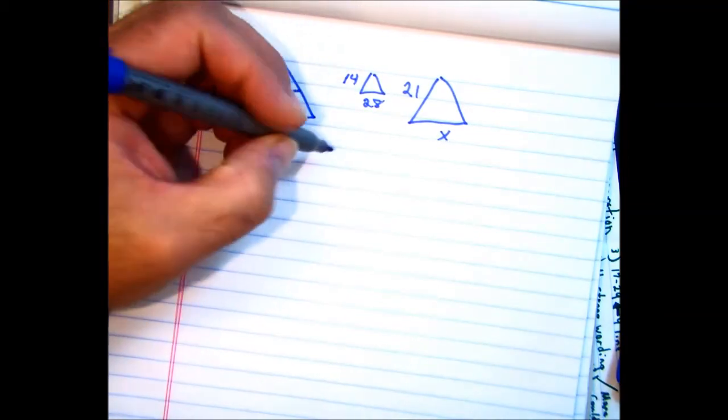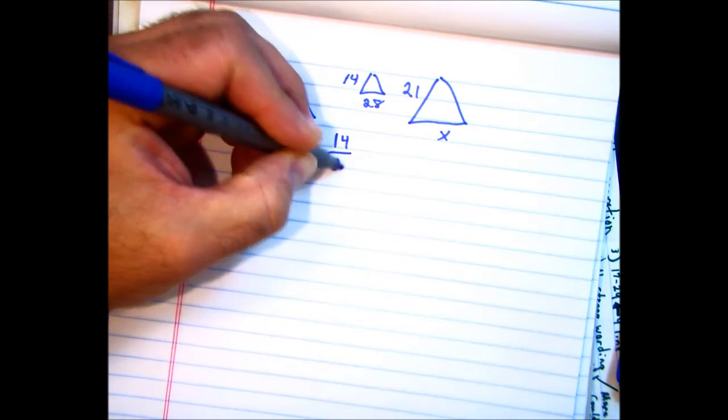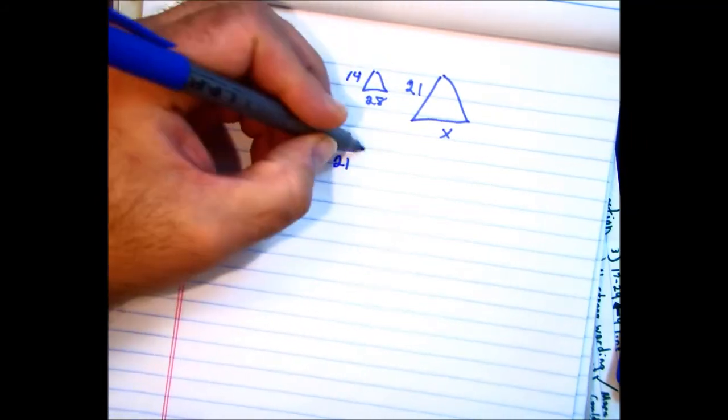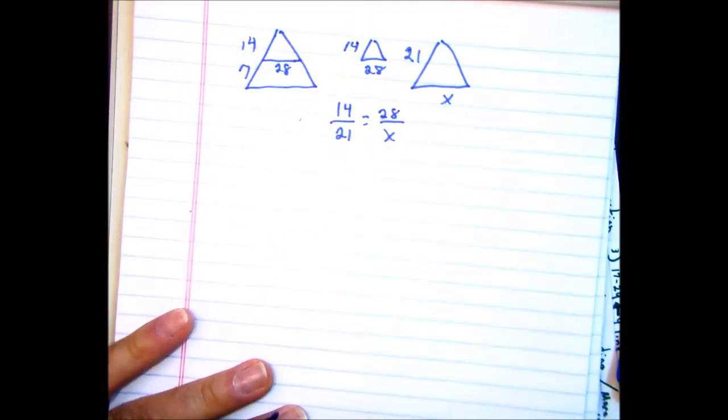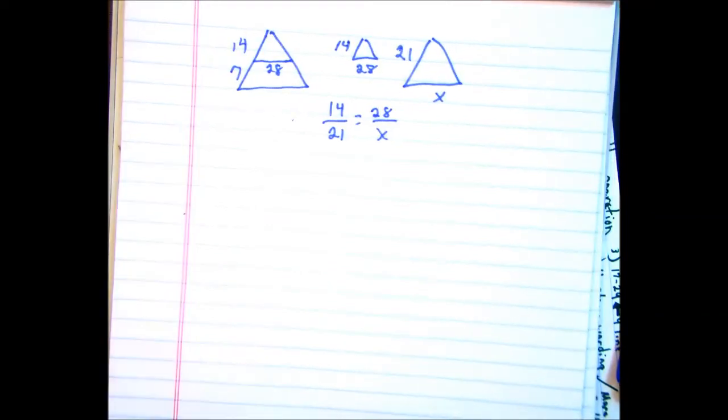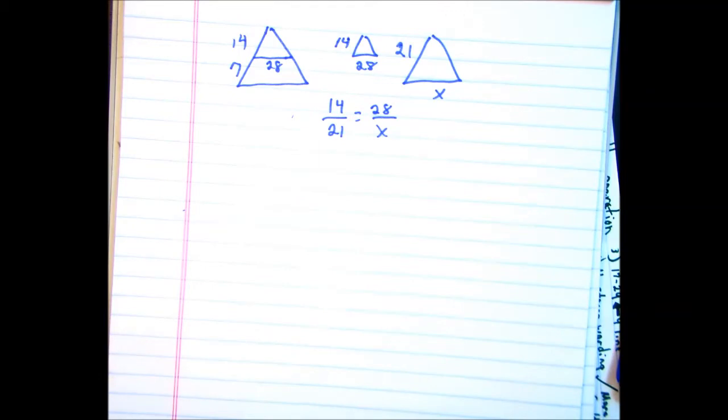All right, so it would be 14 over 21 because these are matching, equals 28 over x, and then you would cross multiply and solve for x. Now, that's if they were similar. Now, in this case, they're not similar. Why? Because they don't give you enough information to prove that those two triangles are similar. They give you 2.5 sides. You need a total of 4.